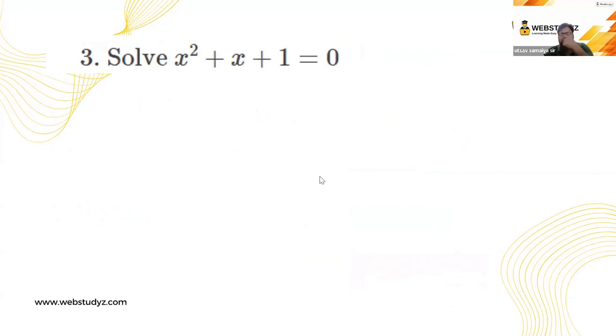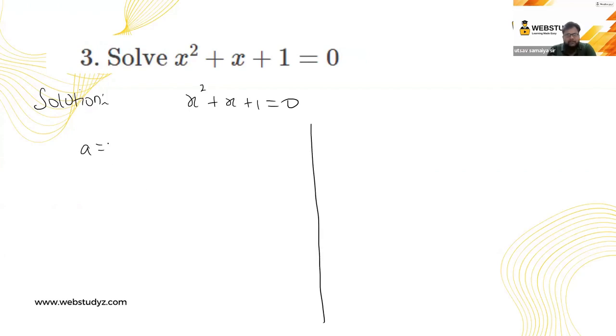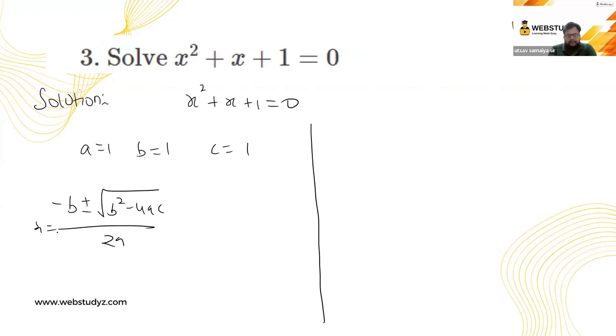Now check the next question. They are asking us to solve this equation x squared plus x plus 1 is equal to 0. Now again, check a is 1, b is 1, c is 1. So minus b plus minus square root of b square minus 4ac upon 2a. Substituting the values, minus 1 plus minus square root of 1 minus 4 upon 2.